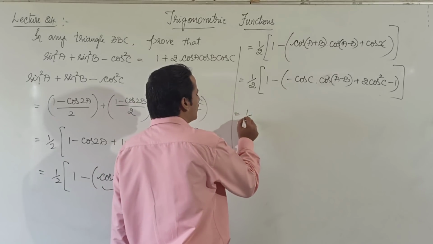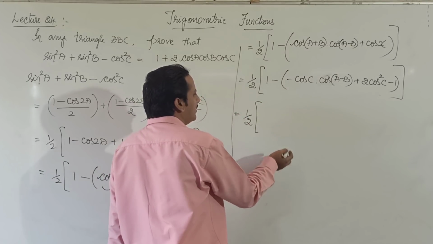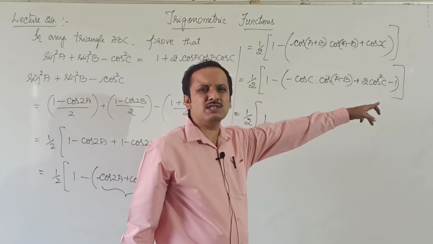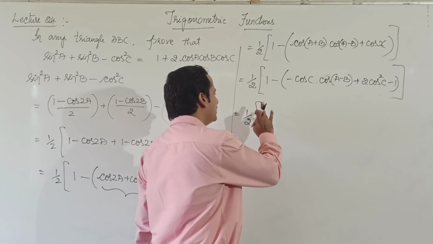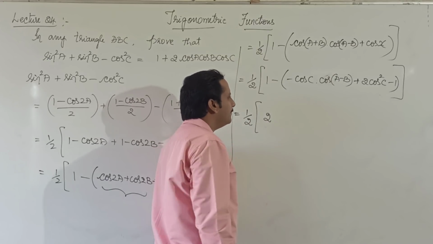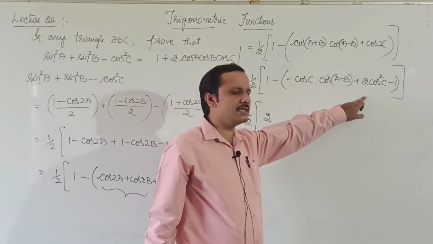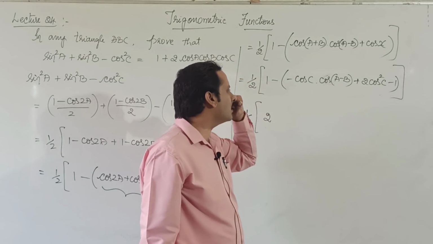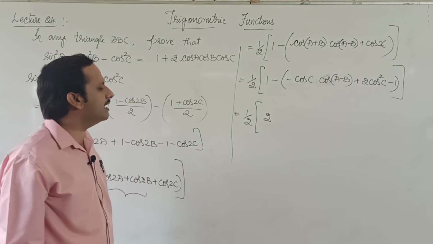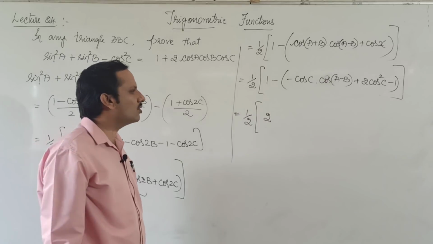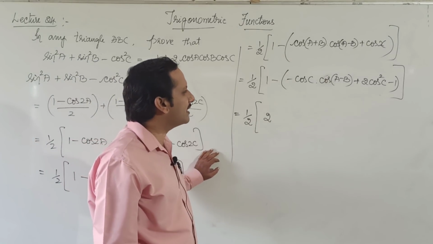Then this is equal to 1 by 2 into, here we are going to get 1 minus into minus 1, it will be plus 1. 1 plus 1 together I will write as 2. Then we are left with 2 cos square C, minus cos C into cos (A plus A minus B). What can we do? We can take cos C as a common factor.